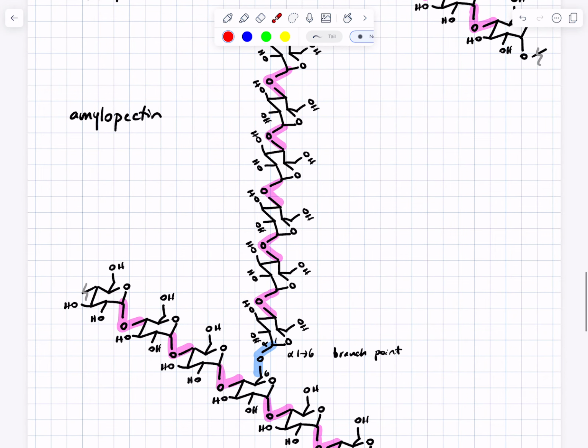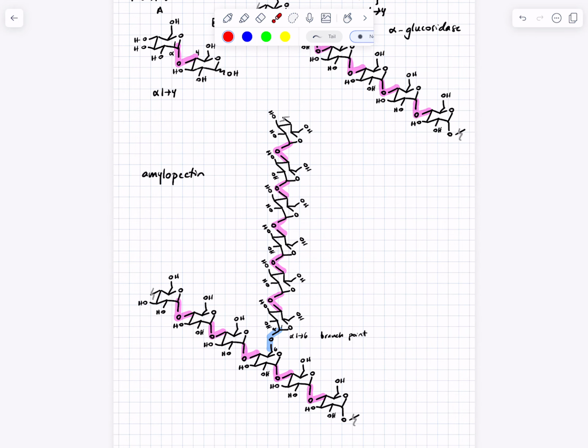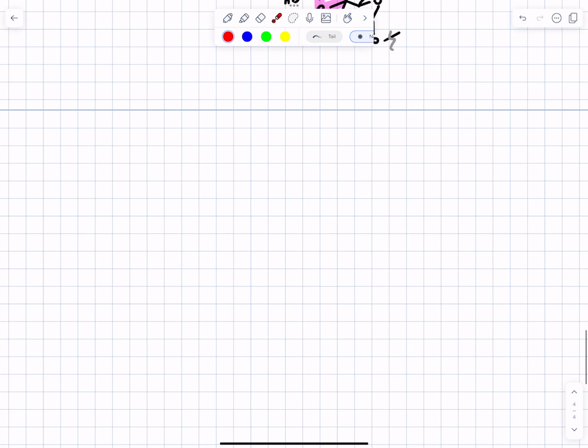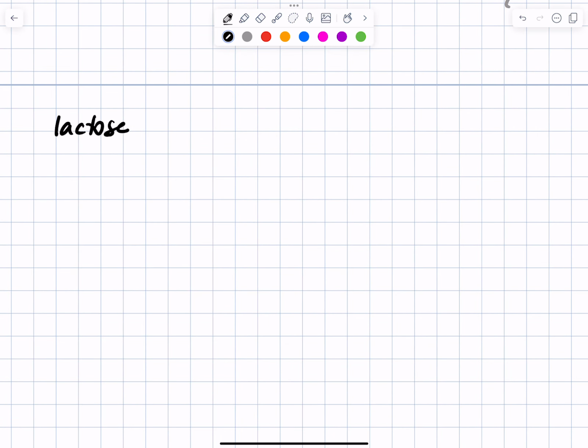Anyway, okay, other questions? Okay, let's do a few more. Let's do lactose. This is a carbohydrate found in dairy.